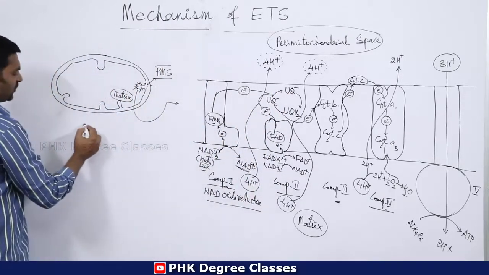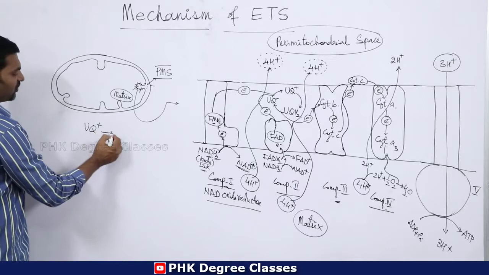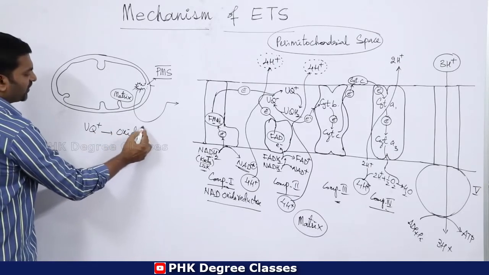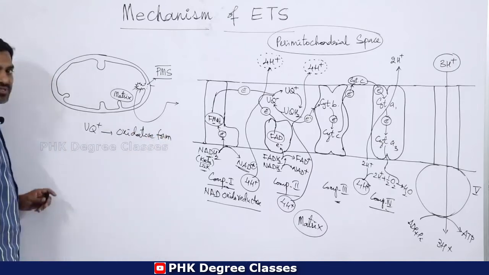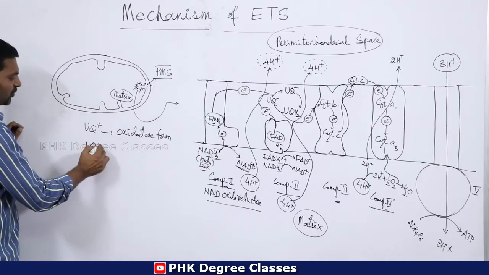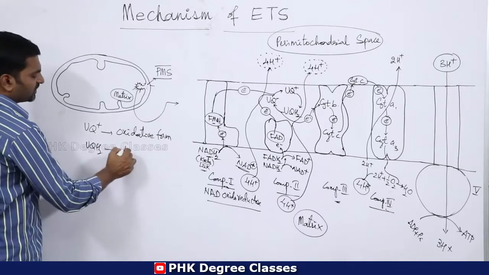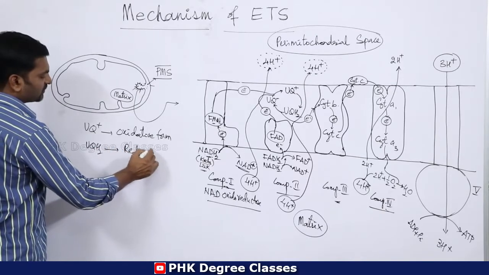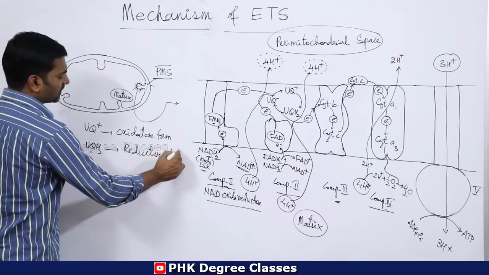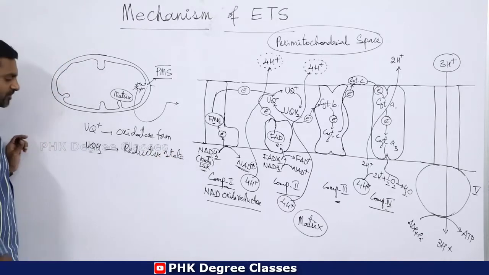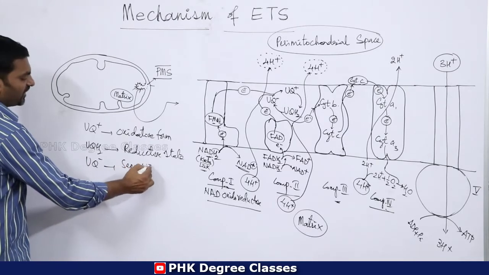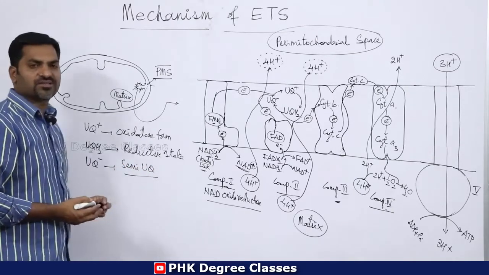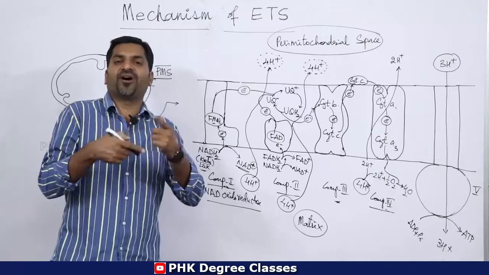UQ plus is called the oxidative or oxidized form. Then UQH2 means the reductive state, so this is the reductive state of ubiquinone. Then UQ minus is the semi-ubiquinone, or semi-oxidized or semi-reductive form of ubiquinone.